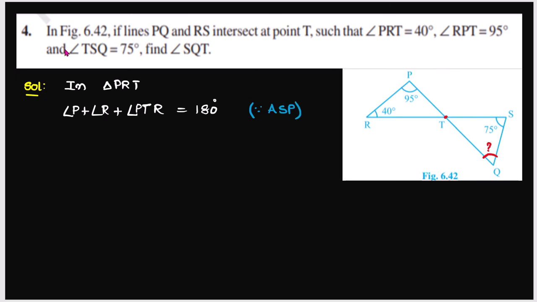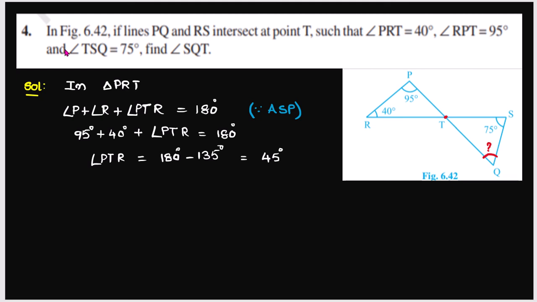Here angle P is given as 95 degrees and angle R as 40 degrees, but we don't know angle PTR, so we write it as it is. Then angle PTR equals 180 minus the sum of 95 and 40. How much is 95 plus 40? 135. So 180 minus 135 gives us 45. What is this 45? Angle PTR.